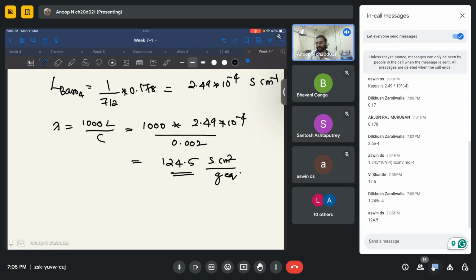So this is also some problem given in the class. So first question is done. Second question.